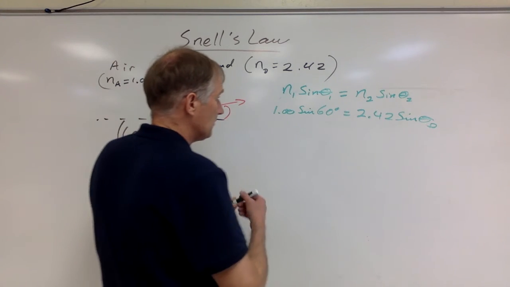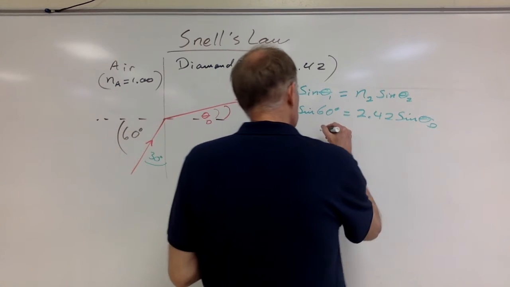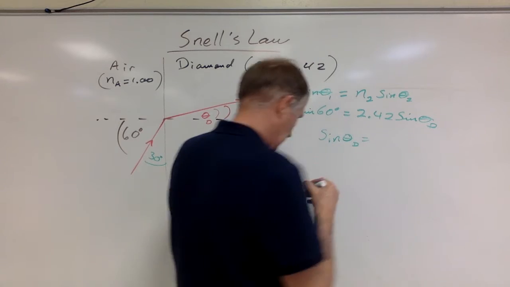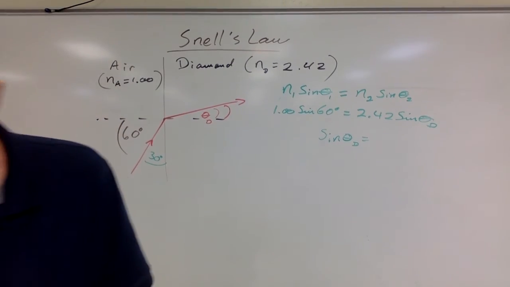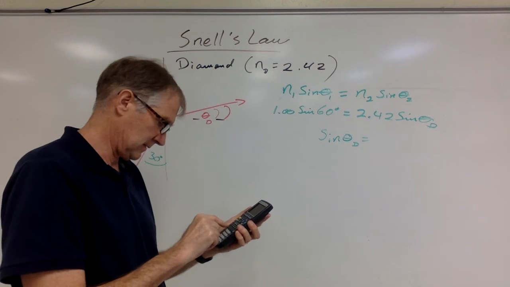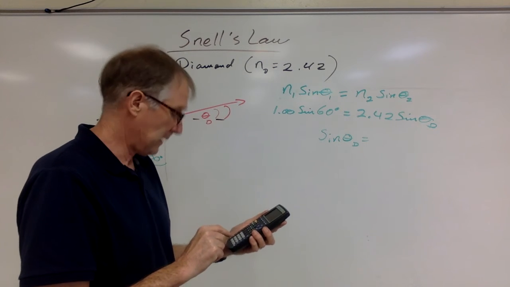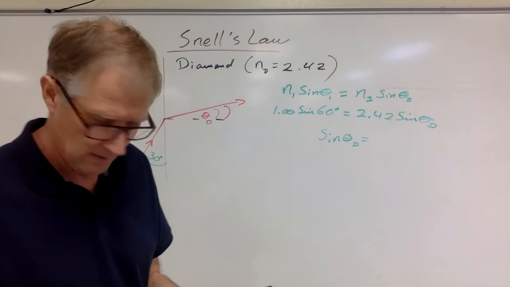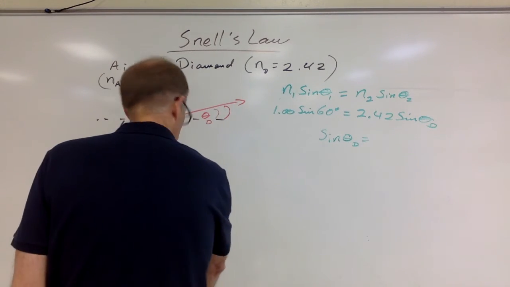So anyhow, let's solve for this. The sine of the angle in diamond is going to be, let me get my calculator going here, 1 times the sine of 60 divided by 2.42, which is 0.358 rounded.